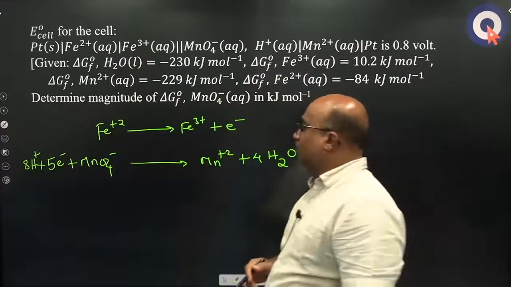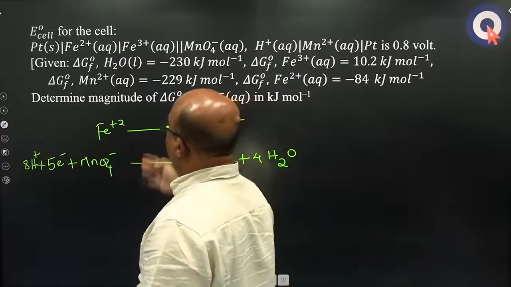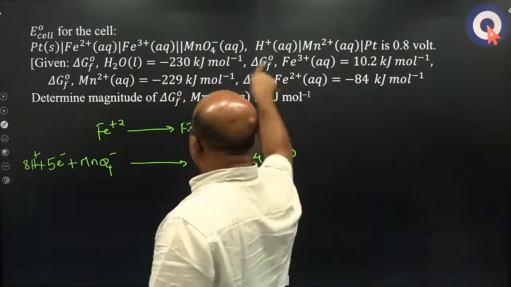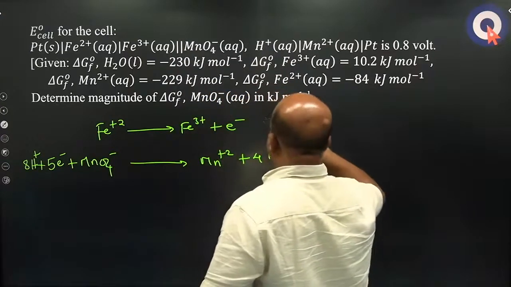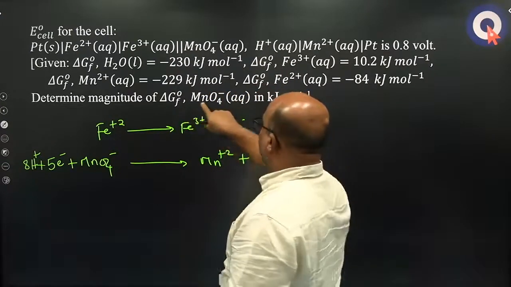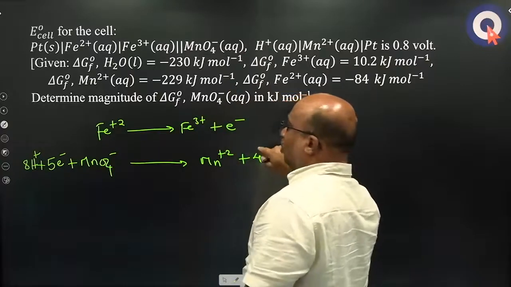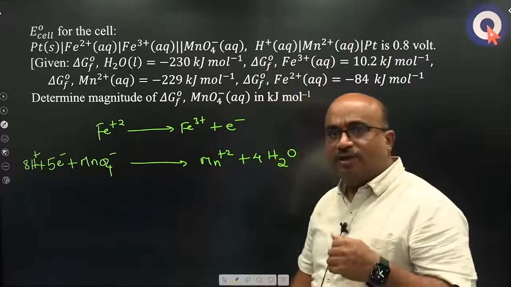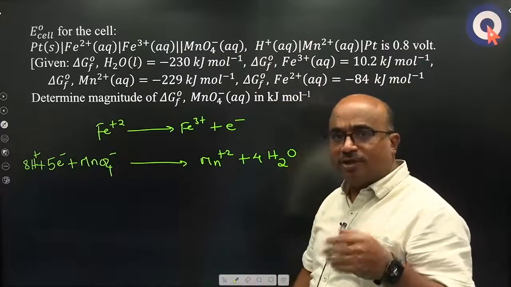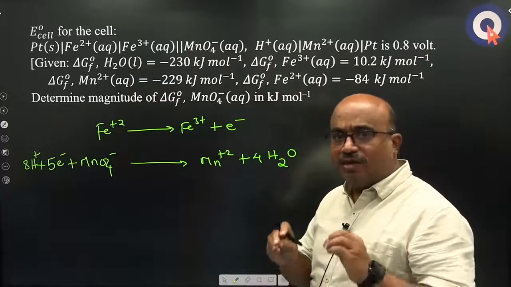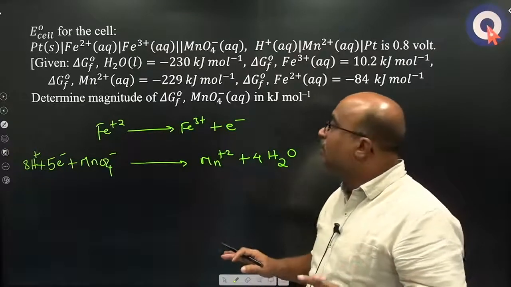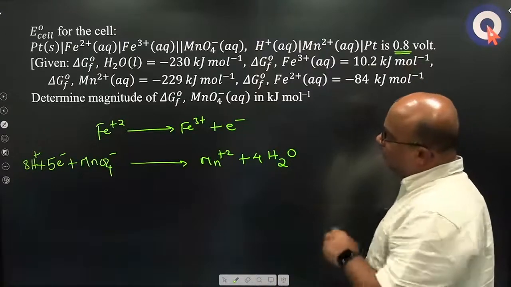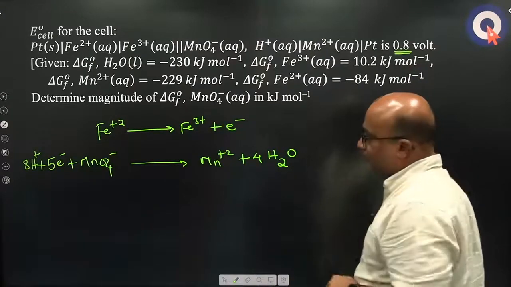So here, to get the net cell reaction, because delta G naught values of components are given here, we have to calculate delta G naught of MnO4-. What we usually say is, when you use the formations, we always say formation of products minus formation of reactants will be the delta G naught of the total reaction. But from the given value of potential, we can calculate delta G naught of the overall reaction.